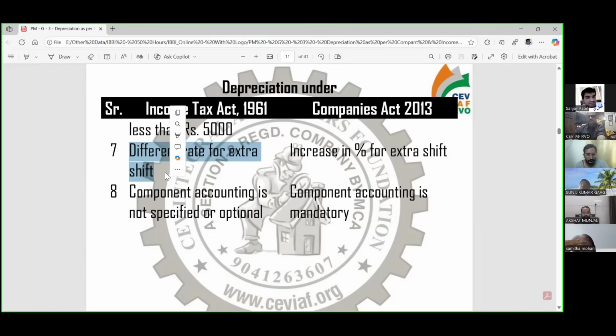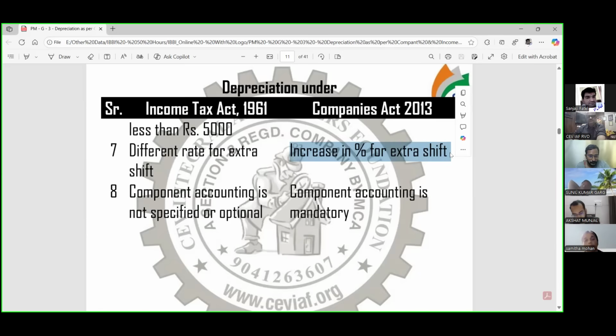Different rates are provided for different shifts. While under the Company Act, you have to find the depreciation for the single shift only. If it is used for the double shift, your depreciation will be increased by 50%. If it is used for the triple shift, your depreciation will be increased by 100%.